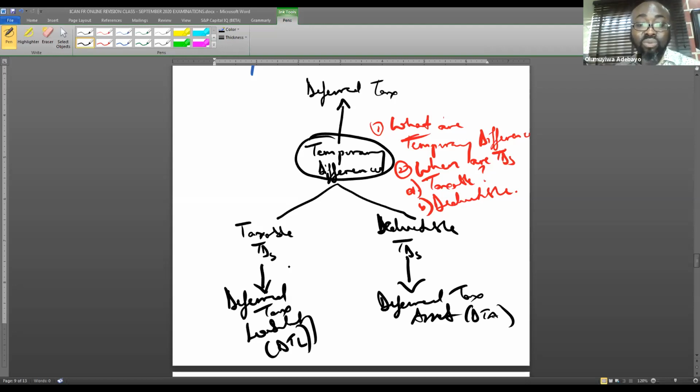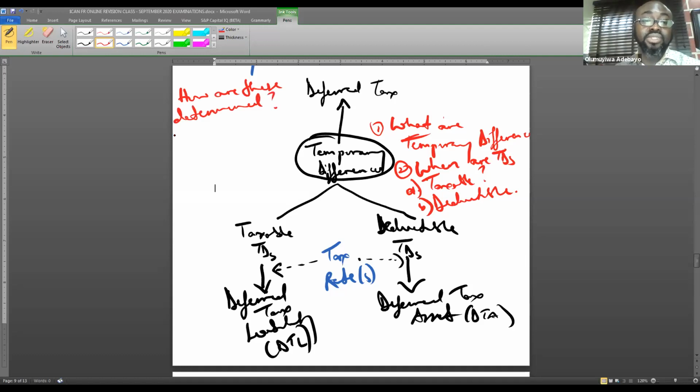Now, this is only when they've applied the appropriate tax rates. The question then I will also ask is, how are these determined? A, deferred tax liability, and B, deferred tax what? Assets. That's my third question.